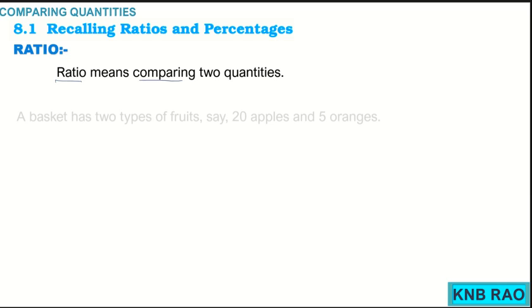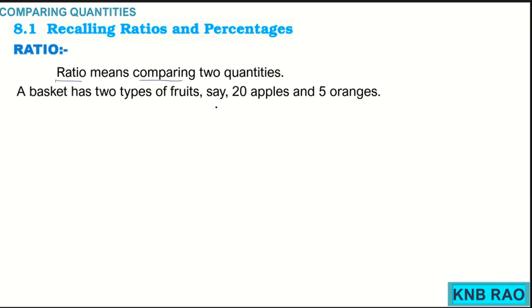For example, a basket has two types of fruits. Let's say 20 apples are there in that and 5 oranges are there in that basket. Now, if you go for comparing them, obviously apples are more in number and oranges are less in number.